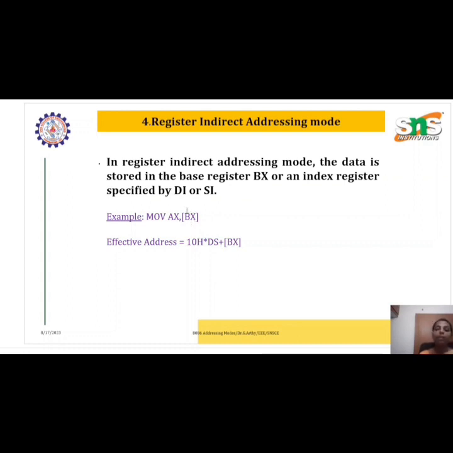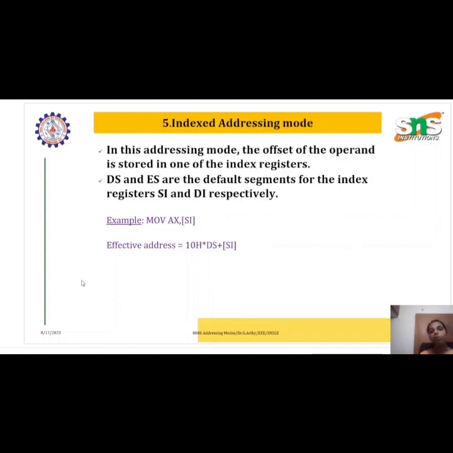If it is register addressing mode, the data in BX will be transferred to AX. In register indirect addressing mode, the address specified by the register BX will have the operand. So BX will not have the operand; BX will specify an address, and that address will have the operand. This is register indirect addressing mode.